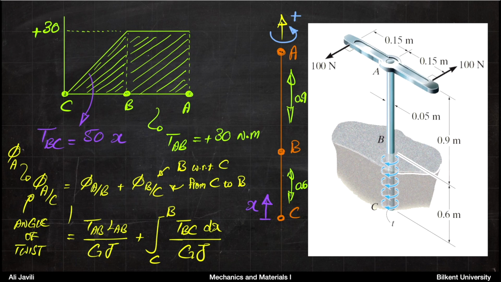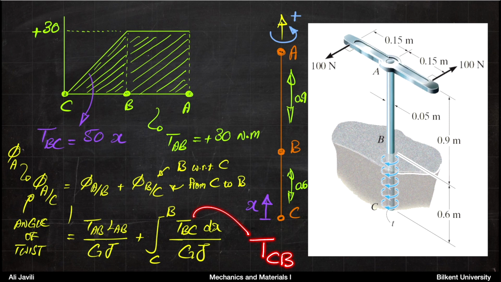But from C to B, or B with respect to C, you integrate from C to B of T_BC dx over GJ. Pay attention that I'm just calling it T_BC in a sort of sloppy manner.